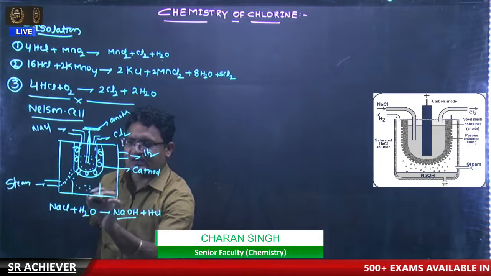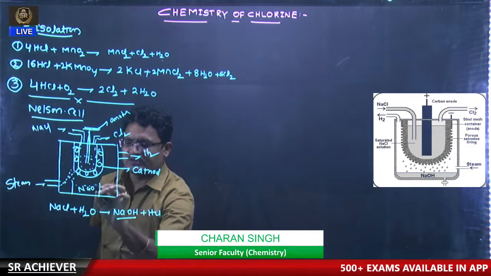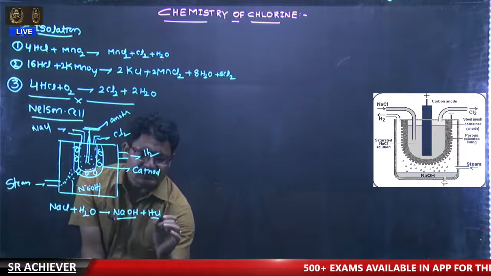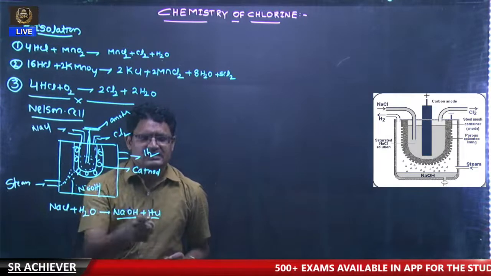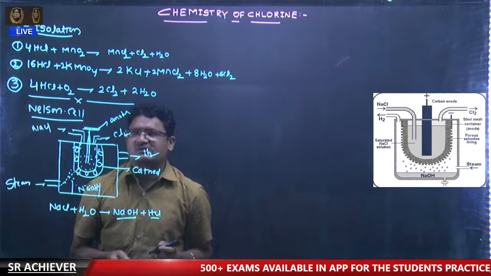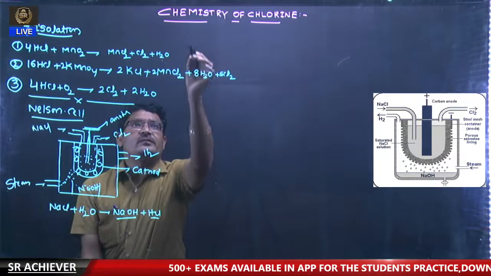That NaOH is collected at the bottom of the tank, the reservoir. There are outlets for the gases: hydrogen gas is liberated at the cathode side and chlorine gas is liberated at the anode side.